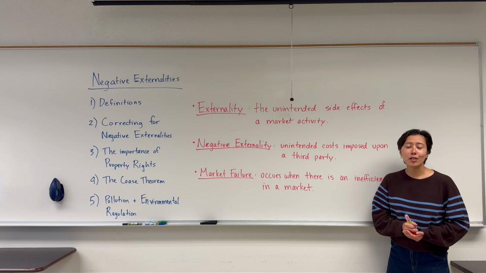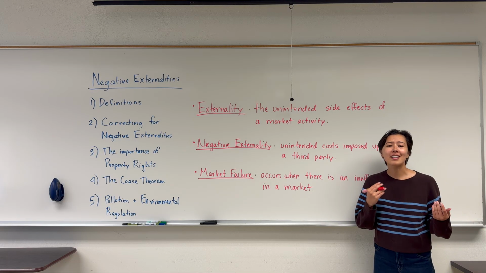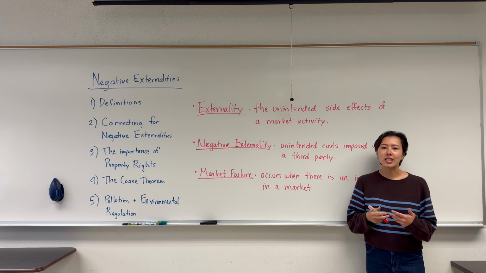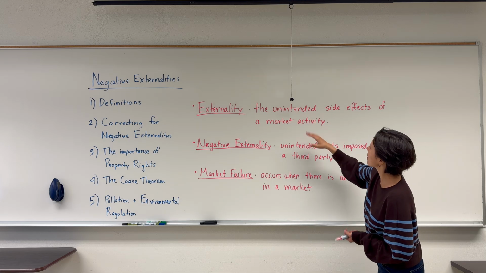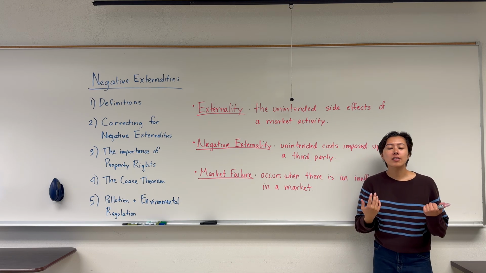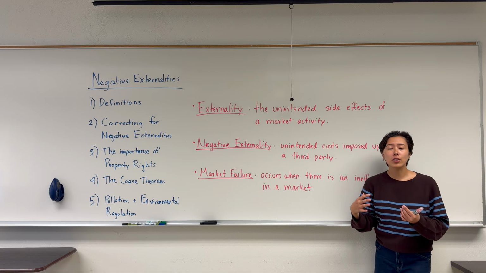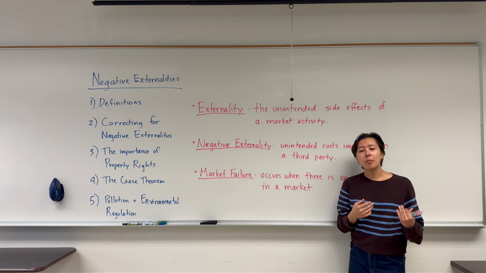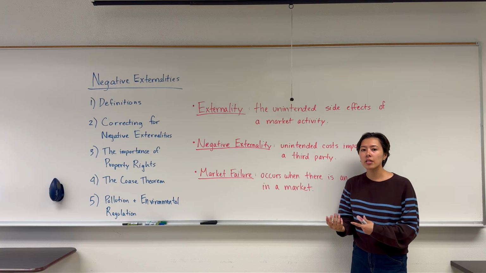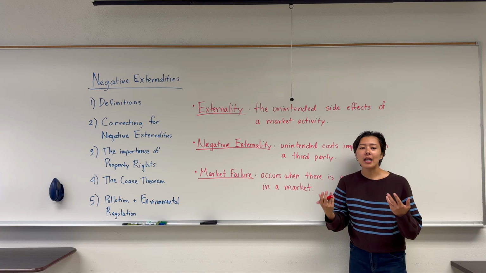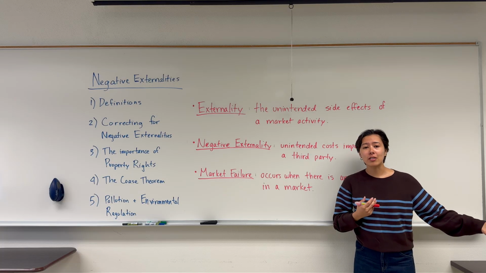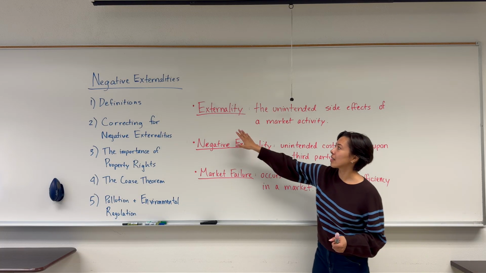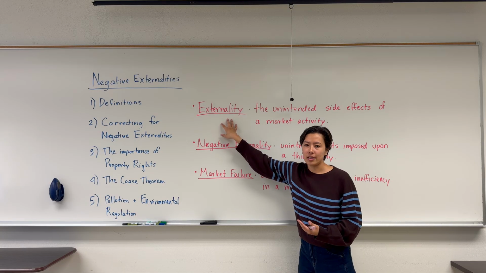All right, let's get started by first talking about what an externality or a negative externality is. So an externality is just an unintended side effect or an unintended consequence of some market activity. So if I'm participating in a market as a buyer or a seller, but my behavior has some unintended side effect on a third party, that means that I am generating an externality.